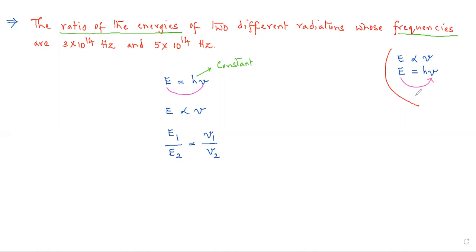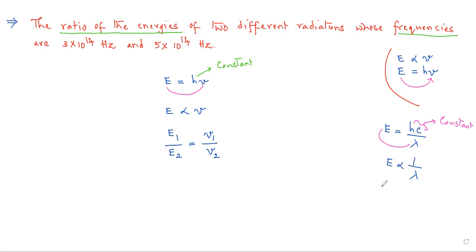Suppose you want the relation between E and lambda. Let us check. We know that E is equal to hc by lambda, right? Now from this it is very clear that E and lambda are inversely proportional. Now these two are of course constant: one is Planck's constant, the other one is velocity of light. So I can simply write E is inversely proportional to lambda.